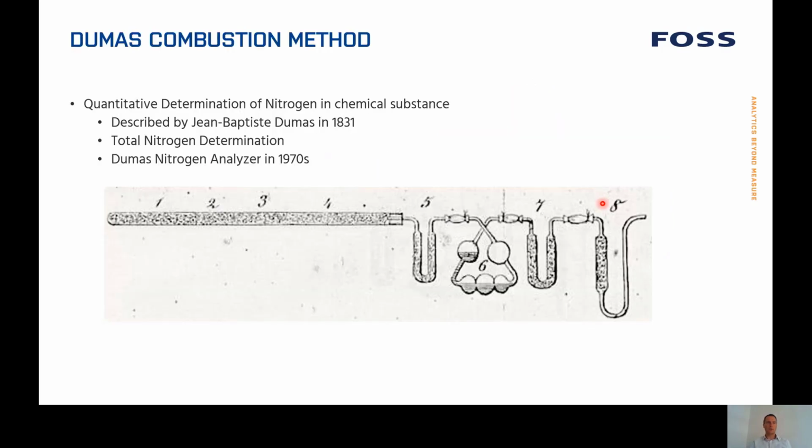The Dumatec uses the Dumas combustion method. It was a French scientist, Jean-Baptiste, in the 1800s that made this invention, and the first real instruments became available on the market in the 1970s. Now they call it Dumas nitrogen analyzers.